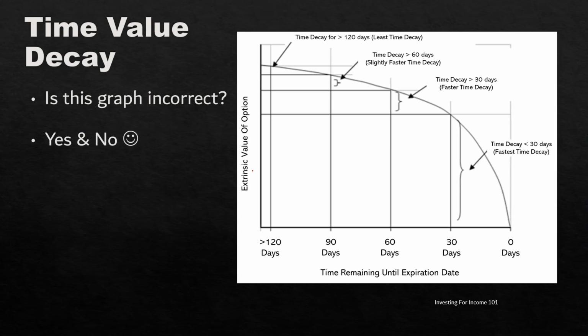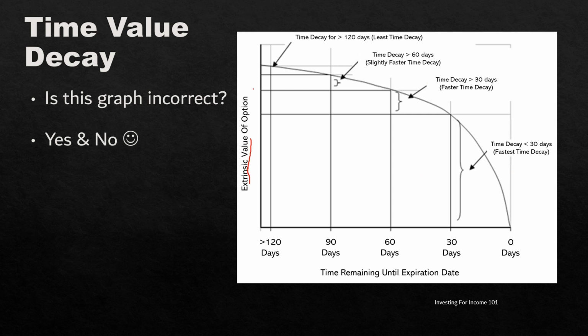Okay. So at the beginning, I kind of suggested that this graph might not be correct. So is it correct? The answer is, as usual, yes and no. It depends, so let's look at this in a little more detail. This chart is showing us the time decay of the extrinsic value, or the time value, same thing.